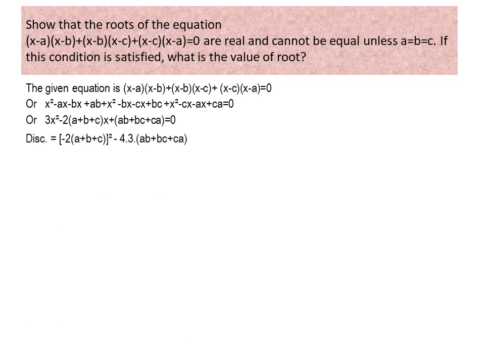is equal to 0. Now the discriminant comes out to be minus 2 into (a plus b plus c) square minus 4 into 3 into (ab plus bc plus ca).